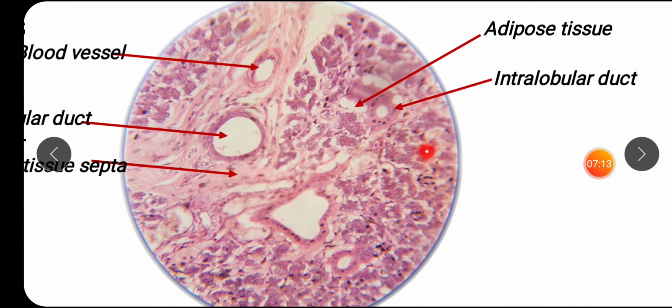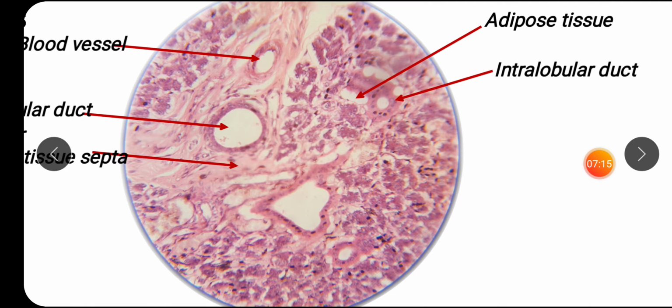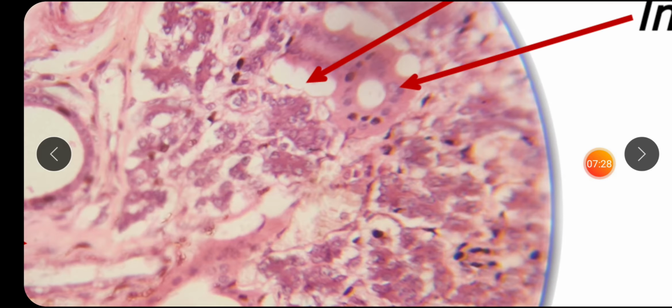But specifically if you want to tell which intralobular duct, that is termed as the striated duct, because it has the bright pink staining property, and the nuclei are situated near to the lumen.